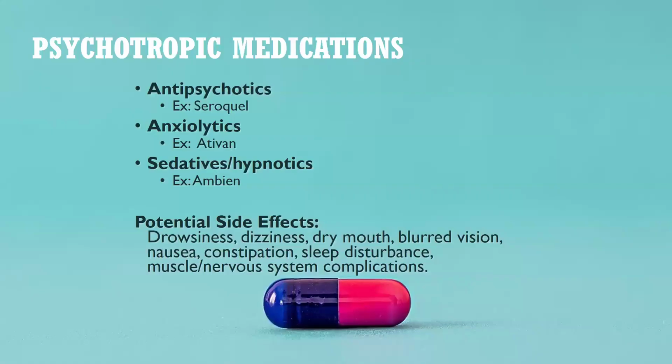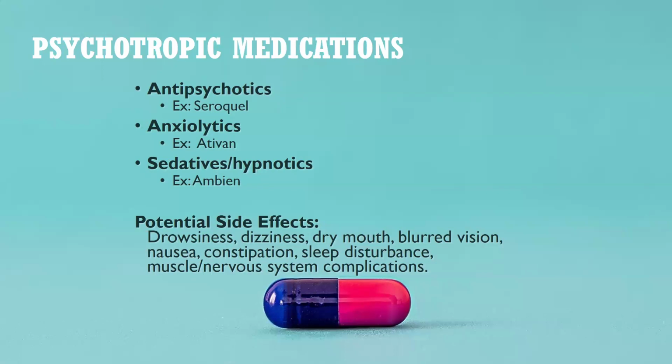A little bit about psychotropic medications. There are different classifications: the antipsychotics like Seroquel, the anxiolytics like Ativan, and then the sedatives and hypnotics, for example, Ambien. The thing that I want to highlight with the psychotropic medications is that they do have the potential for significant side effects that you want to be paying attention to in your clients.